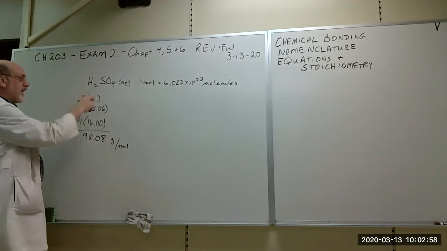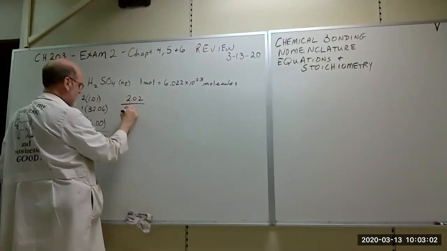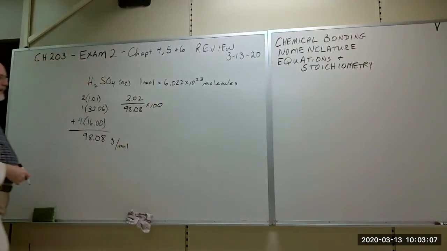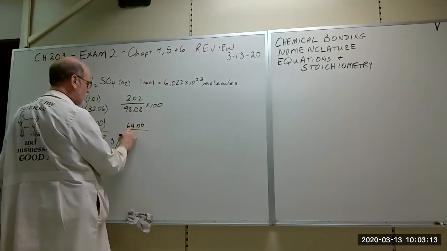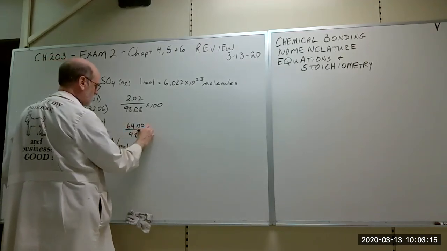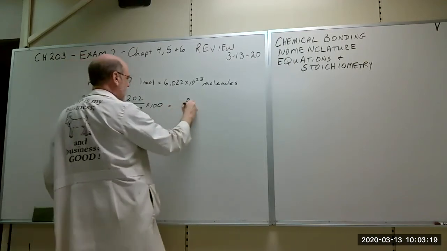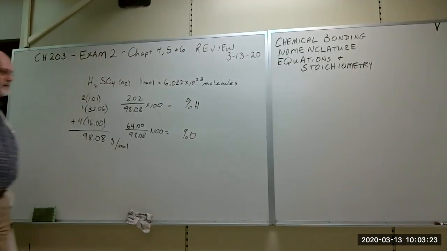So if we want percent hydrogen, we just say 2.02 divided by 98.08 times 100. If we want to know how much oxygen is there, we just say 64 divided by the whole times 100. And this is percent hydrogen, this is percent oxygen.